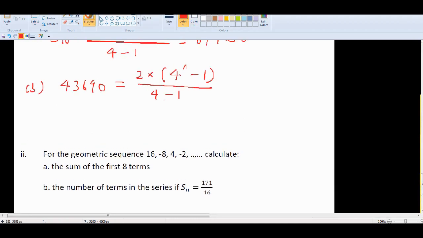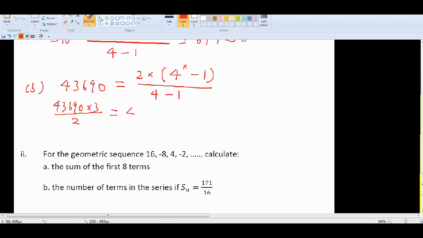So you will have 3 on the denominator. You are going to multiply that 3 to the left hand side, and also divide by that 2 on the left hand side as well. I multiply by 3 because the denominator on the right hand side is 3, and I divide by 2.